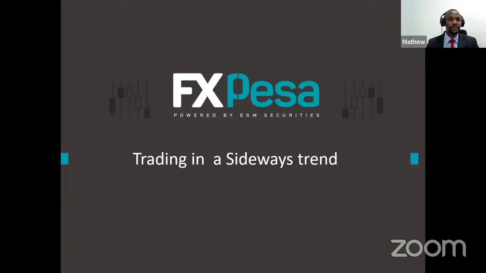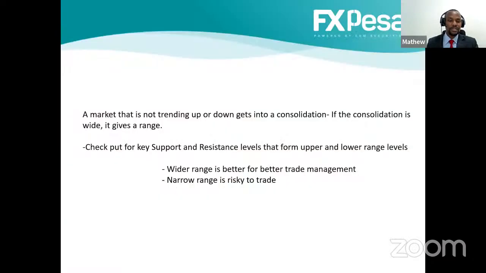Cool. So today we want to look at trading in a range or a sideways trend. If you cannot see a trend, an uptrend or a downtrend, then probably you're in a consolidation. And the consolidation, if it's wide enough, gives a range.